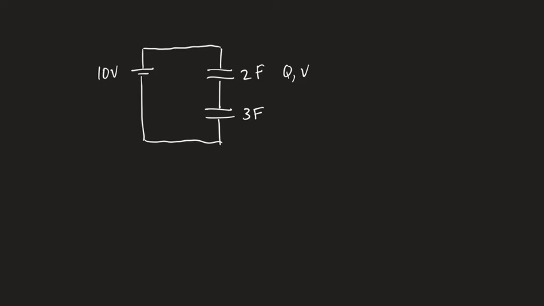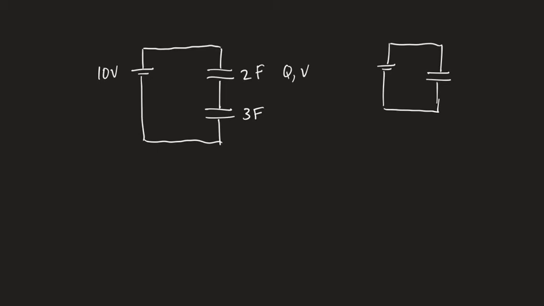I already gave you one of the rules you're going to need, which is recognition that this system can be simplified by replacing it with what's called an equivalent capacitance. An equivalent capacitance is a single capacitor that behaves electronically the same as my system of capacitors.